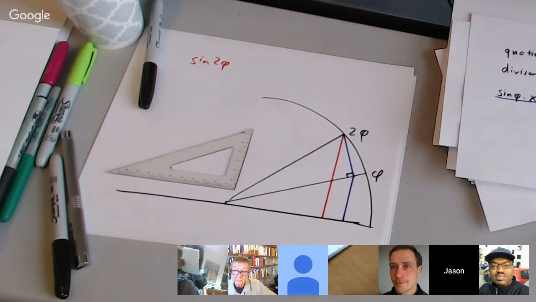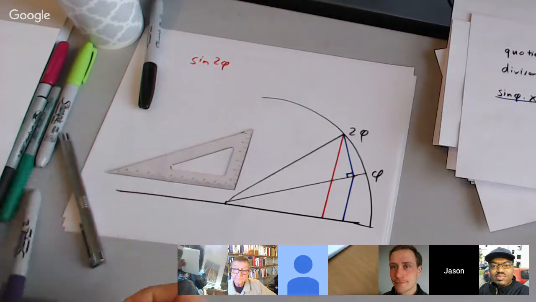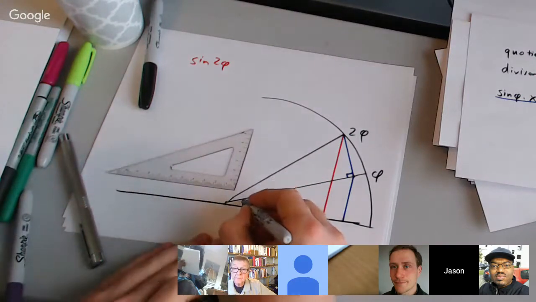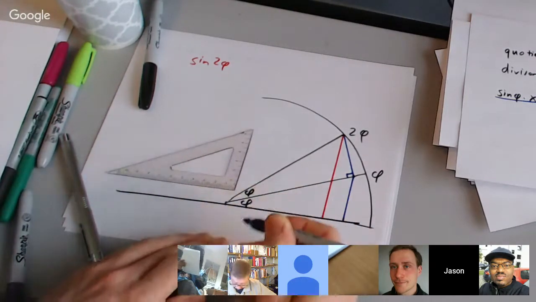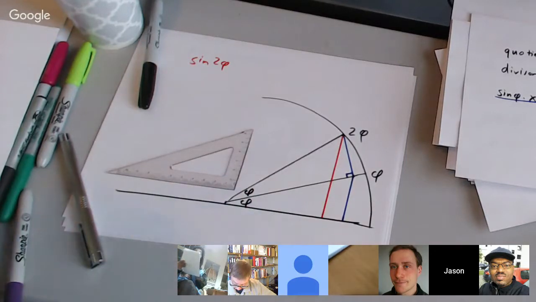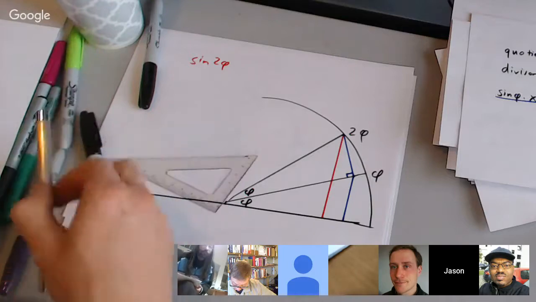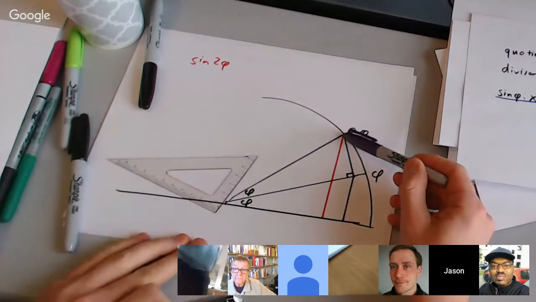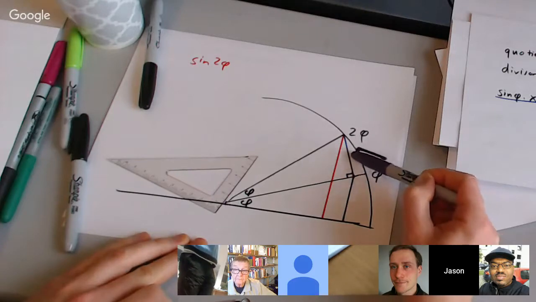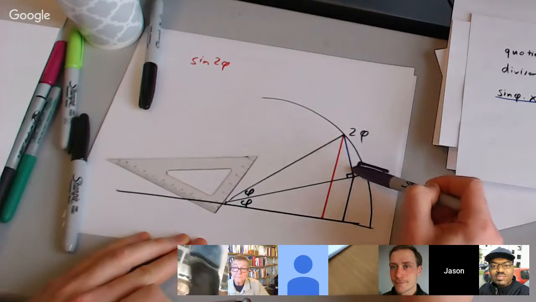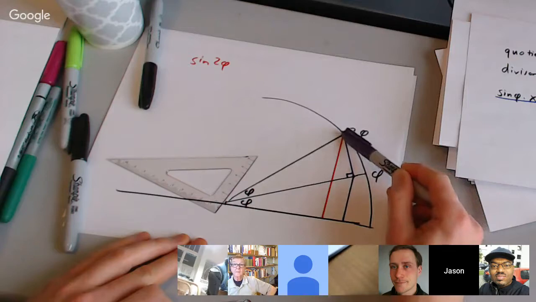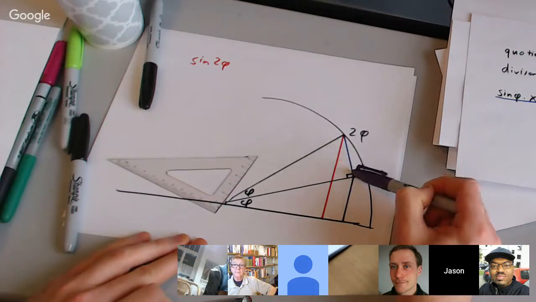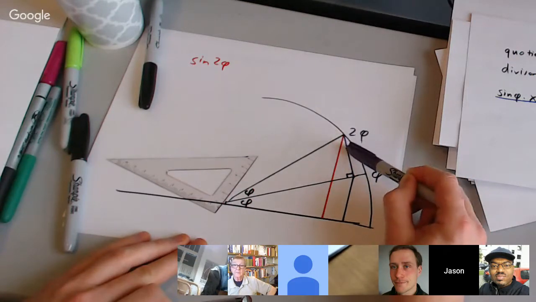Here's a phi, here's a phi. So let me ask some of the other lengths that are drawn on this diagram. What's the length of this purple line right here? Anybody know? Sine of phi.